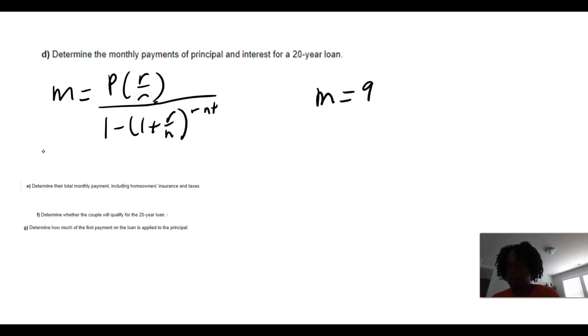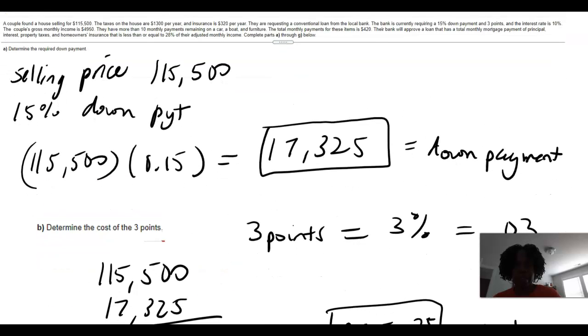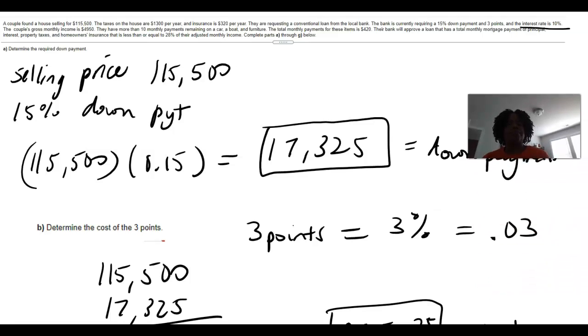So that number was 98,175. The interest rate on the loan for the mortgage is 10%. We can scroll back up and see that from the problem. Interest rate is 10%.